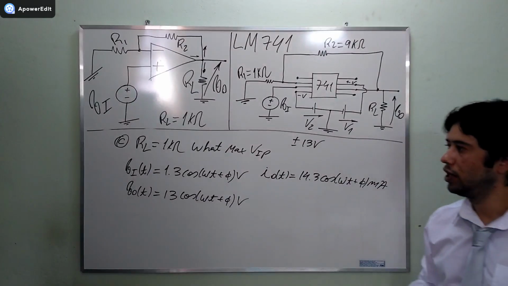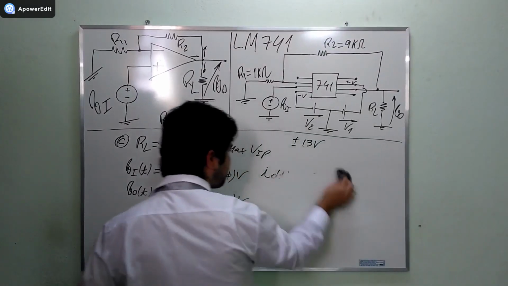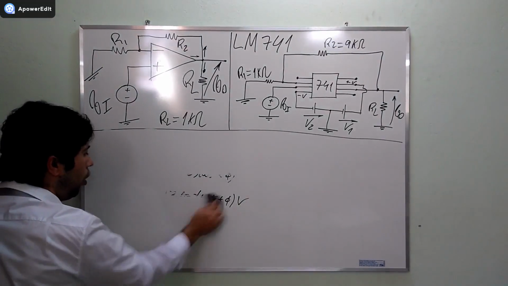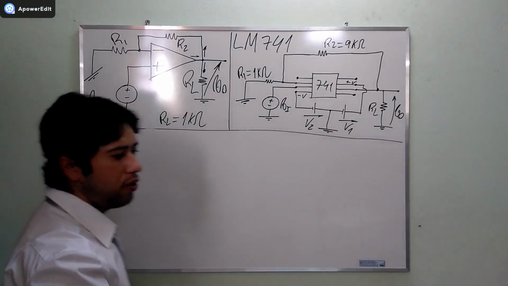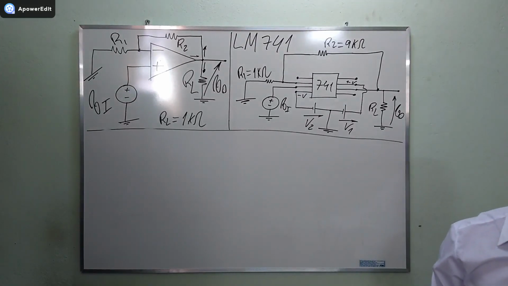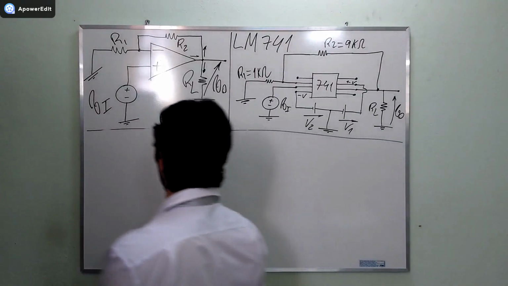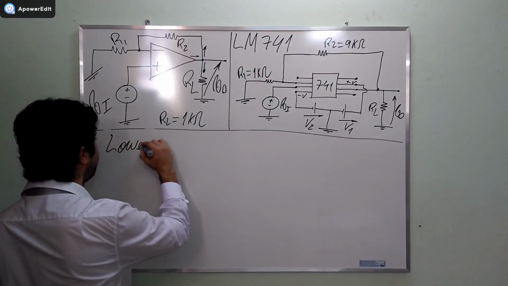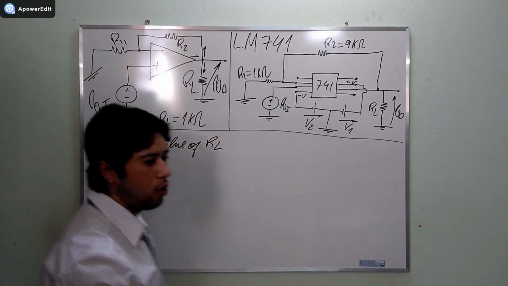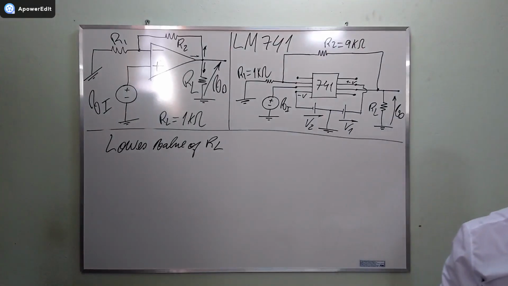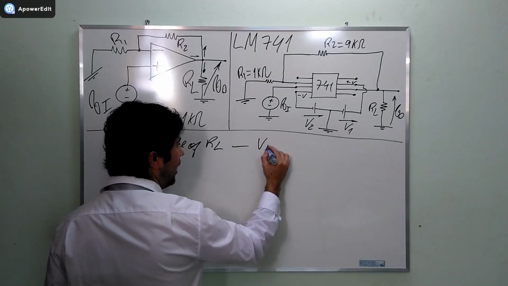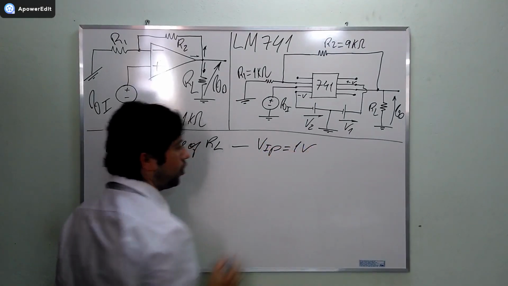Alright, to finish, let's go to letter D. Letter D asks us about the lowest value, isn't it? Do you remember? Let me check. What is the lowest value of RL? The lowest value of RL for undisturbed outputs, but we want this for VI, P equal to 1 volt.